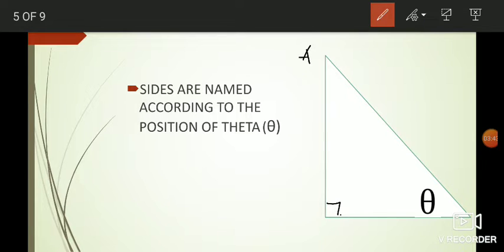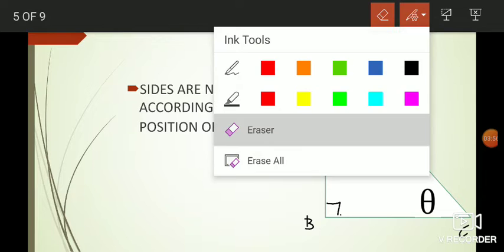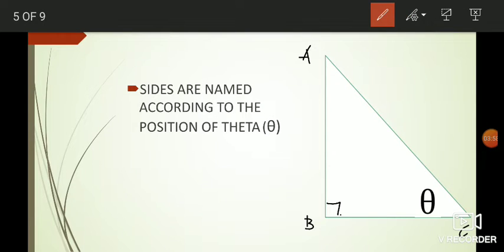Now I name this right angle triangle as triangle ABC. So what is this alien-like thing? Many of you who have zero idea about trigonometry might have this question: what is this thing? It's just a zero and a line in between. Yes, but it is actually called theta.